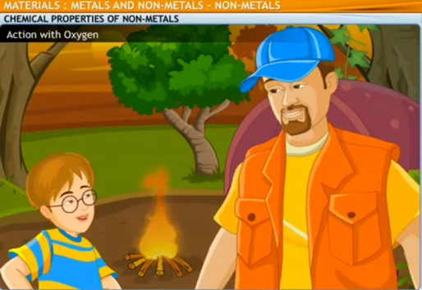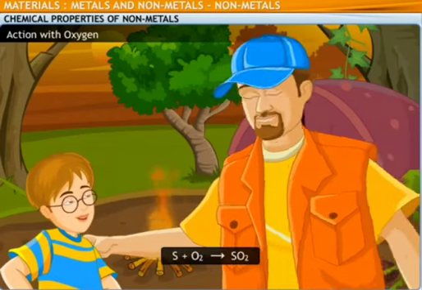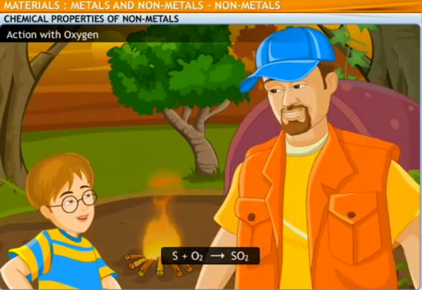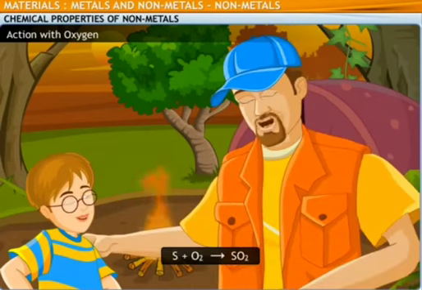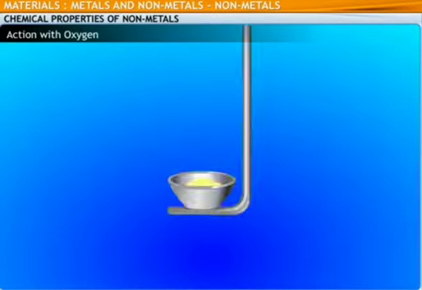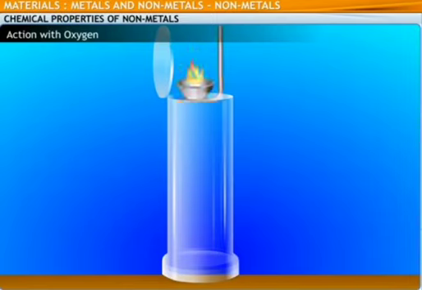For example, sulfur reacts with oxygen to form sulfur dioxide, which is acidic. Let's perform an experiment to understand this chemical property. Take a small amount of sulfur in a deflagrating spoon and heat it. As soon as the sulfur starts burning, introduce the spoon into a gas jar.